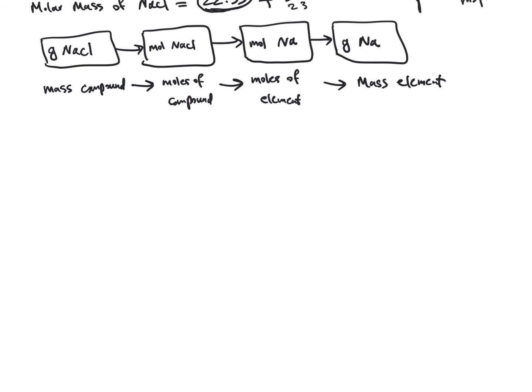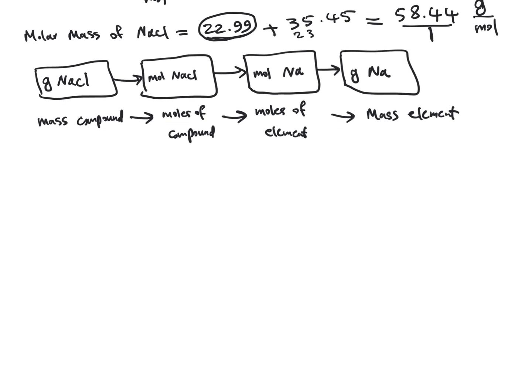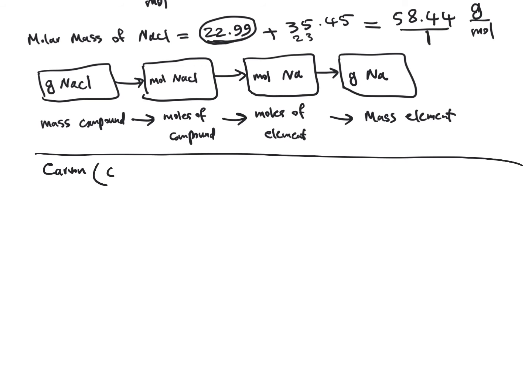Okay. To make sure, I'll put it here in case you want to write more. So I'm going to write another example. Carvone, which is C10H14O, is the main component of spearmint oil.